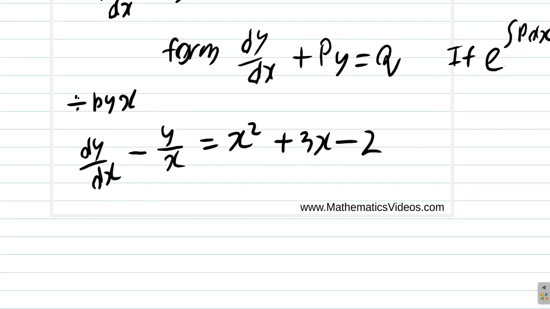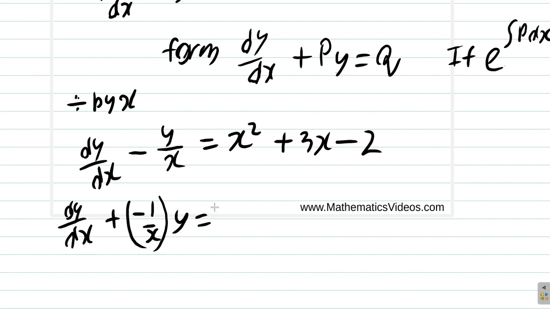Let's rewrite the left hand side. What you have is dy by dx plus negative 1 over x y. So I separate the p from the y so you can see clearly. So x squared plus 3x minus 2. Alright.